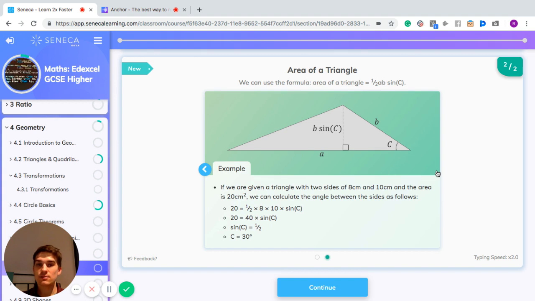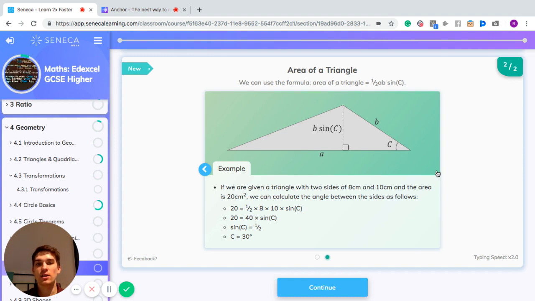So for example, if we were given a triangle with two sides of 8 centimeters and 10 centimeters and the area of 20 centimeters squared, we can use this information to calculate the angle between the sides as follows.